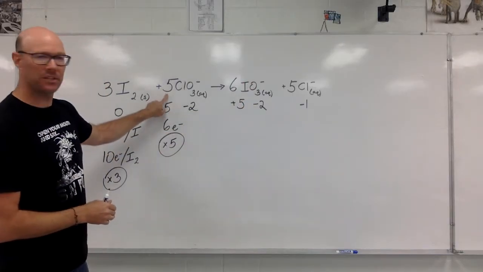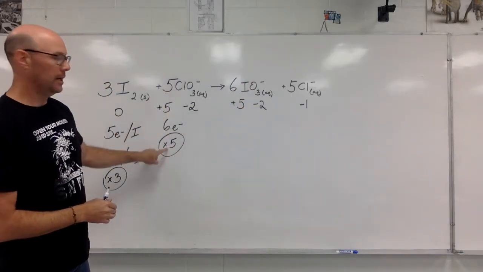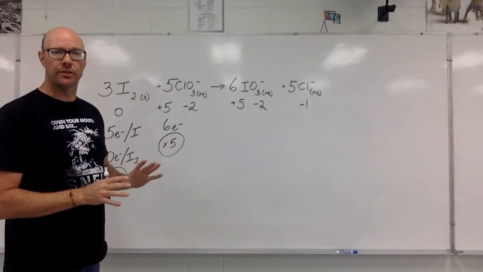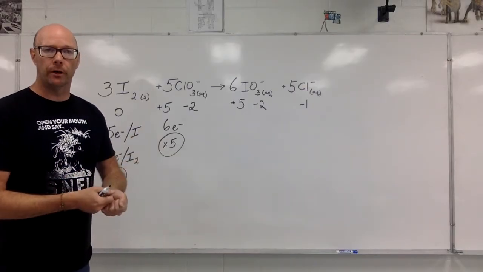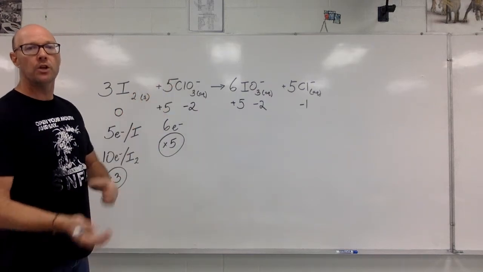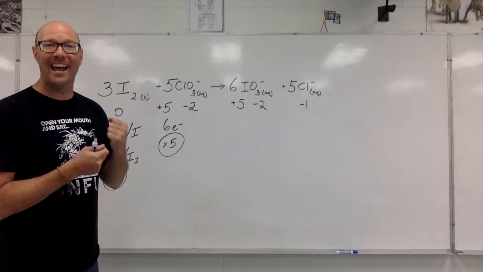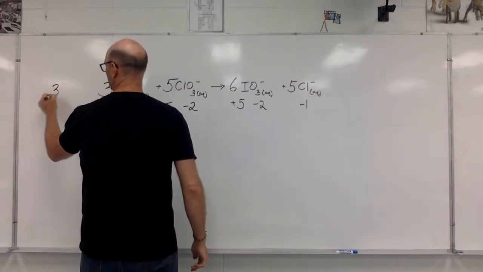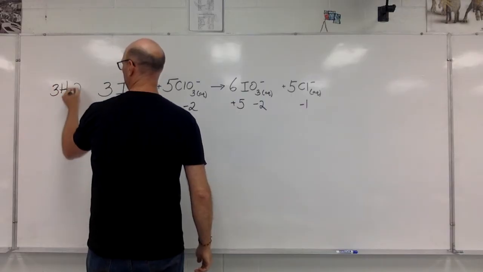I can't mess with this number because it was based on all this earlier work. To balance the oxygens, introduce water. I'm 3 oxygens short on the left-hand side, so I need to go in and add 3 waters.